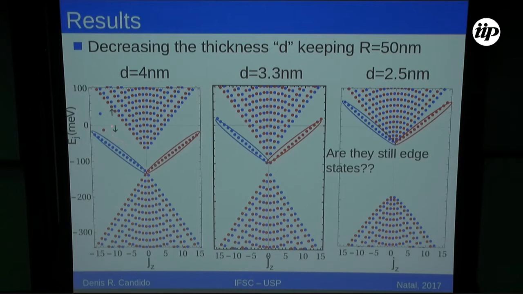If you pay attention to these two branches here, it seems that as I decrease the thickness, those two branches were pushed up to the conduction band. It seems that the helical edge states that I had here were just moved up to the conduction band. So here we ask the question: are they still helical edge states?